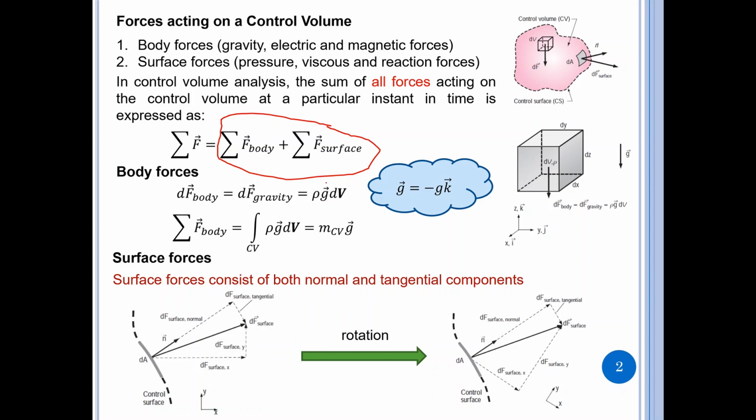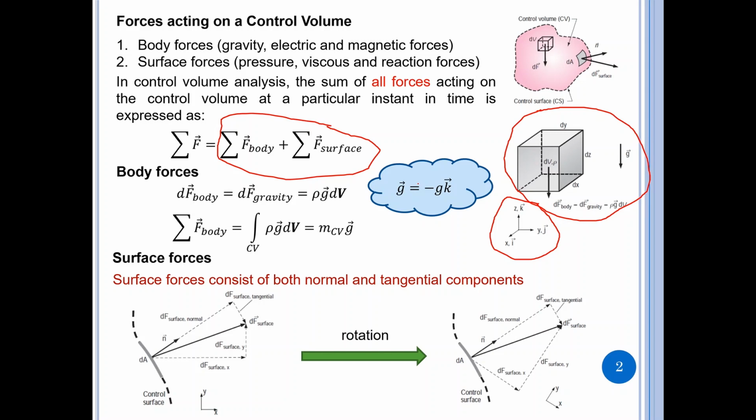Now g, the acceleration due to gravity, depends upon the direction and the coordinate system that we have selected. If you look at this figure, the body force is acting downward, but z is positive upward, so the direction of g is going to be negative k, which is shown here.